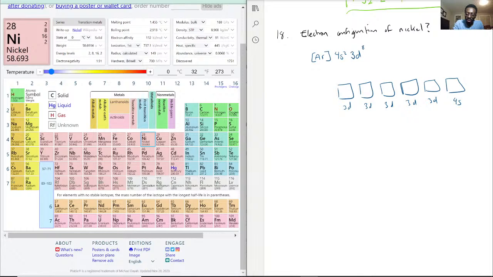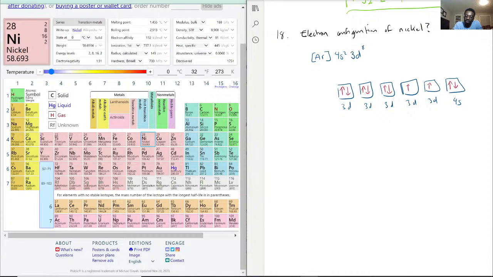Now my theory is actually no, and you'll see why soon. Remember how I said that 1 is fine, but 2 and more is kind of crazy. See, 3d goes 1, 2, 3, 4, 5, 6, 7, 8. Does it really want to get rid of its whole outer shell just to be able to fill those two?